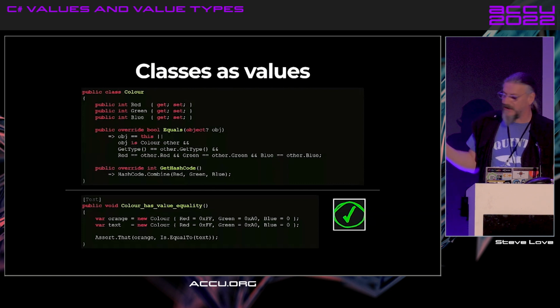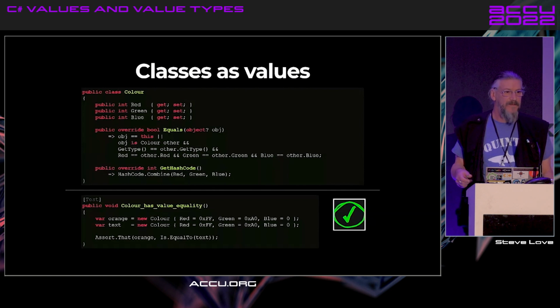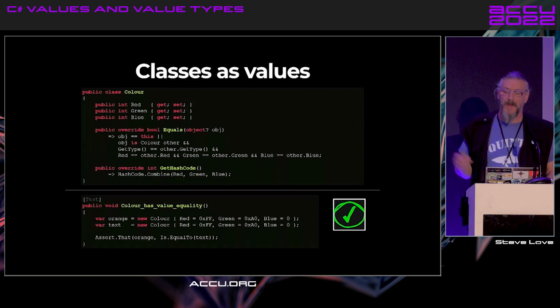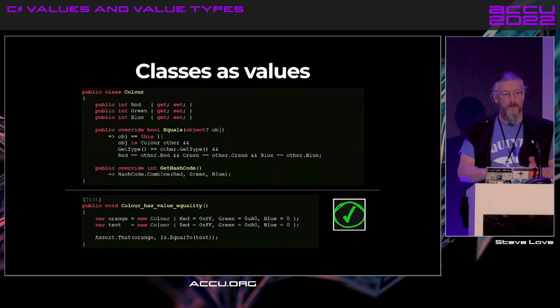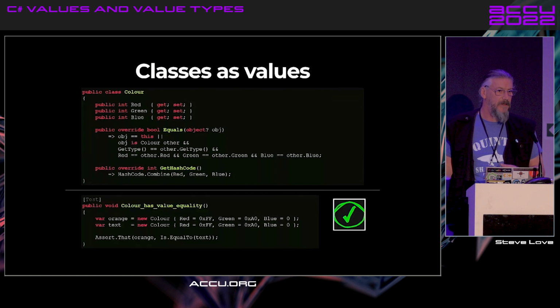Here, I'm just using a built-in library function, which is a perfectly adequate, quite well-distributed way of creating hash codes from the three properties. But the important thing about it is that two Color instances that compare equal with the Equals method will have the same hash code. That's the takeaway from that.